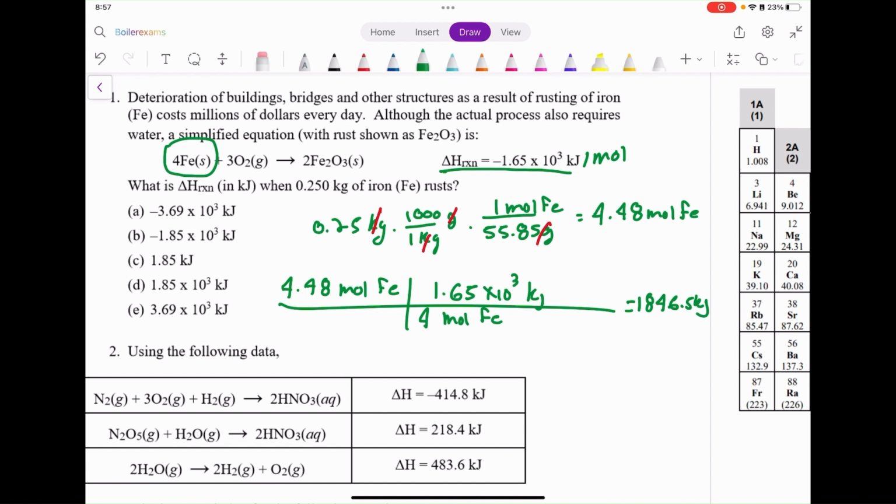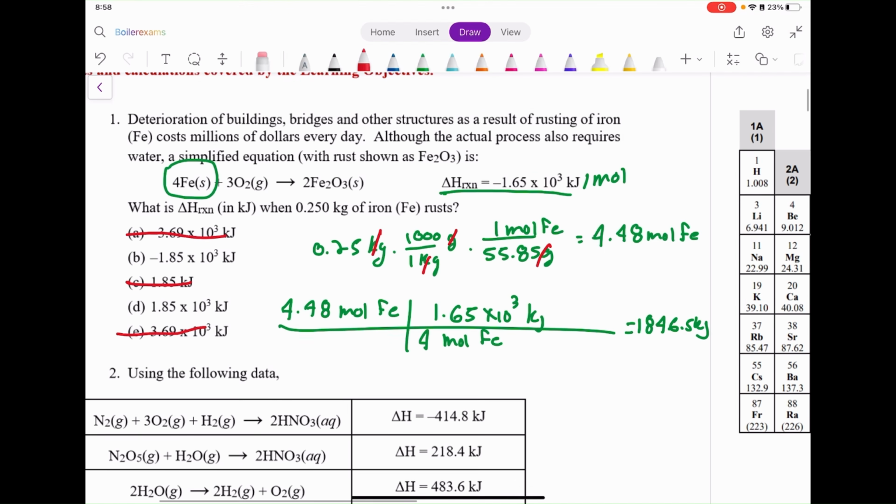Okay, so we are down to B or D, it looks like. Is it positive or is it negative? This is an exothermic reaction, so it's just going to stay negative. It's not going to change. We don't need to overthink that one. This one's just negative, so it's going to stay B. 1B? Yeah.